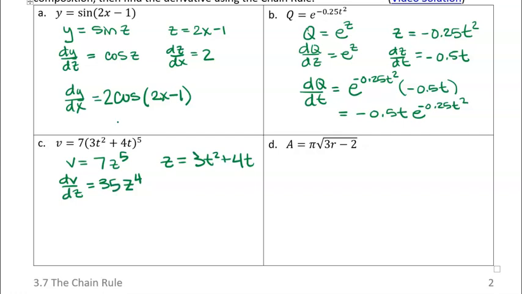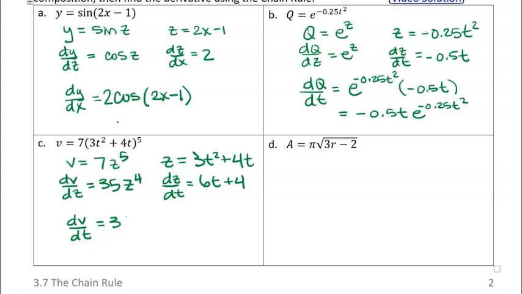And then dz/dt is equal to 6t plus 4. Let's take the derivative of each one, and now we're just going to put them together and end up with dv/dt.